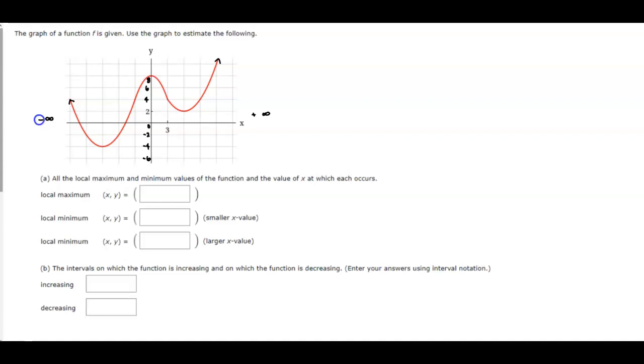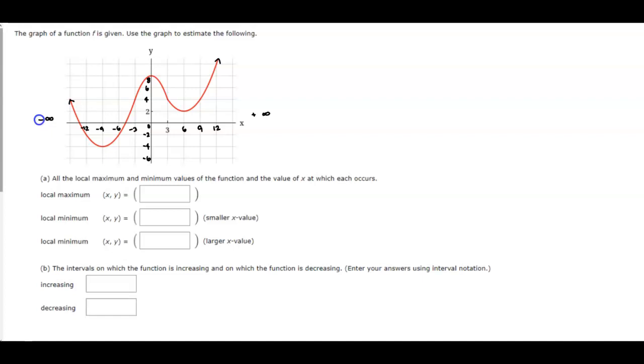And on the x-axis, it's going in increments of 3. So we go from 0 to 3, 3 to 6, 6 to 9, and 9 to 12, and so on. And on the left side of the x-axis, it's going from 0 to negative 3, negative 6, negative 9, negative 12.